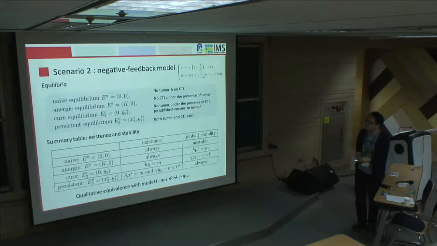This is also a summary of the result of existence and global stability of these equilibria. One point that has changed from the previous scenario is here: H is multiplied with mu star and mu. So nothing else has changed.